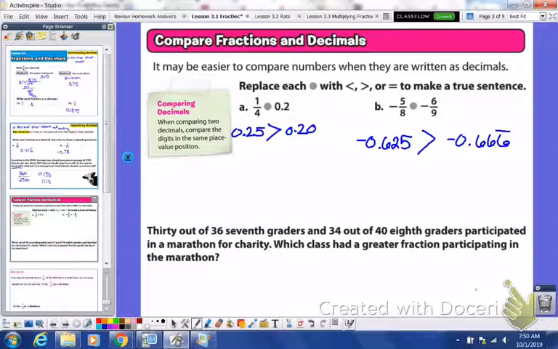All right, looking at this word problem here, 30 out of 36 7th graders and 34 out of 40 8th graders participated in a marathon for charity. Which class had a greater fraction participating in the marathon? Okay, so we have 30 out of 36 compared to 34 out of 40.